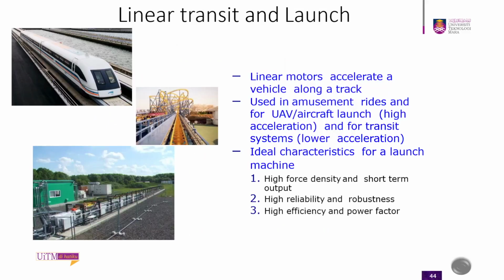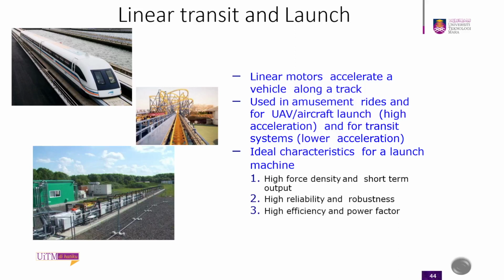And now we talk about linear transit and launch. Again, linear motors accelerate a vehicle along a track. So how does a linear motor differ from the rotational motor? A linear motor brings one position to another position, isn't it? If you want to transfer, we talk about the train. Okay, so this is a linear motor.